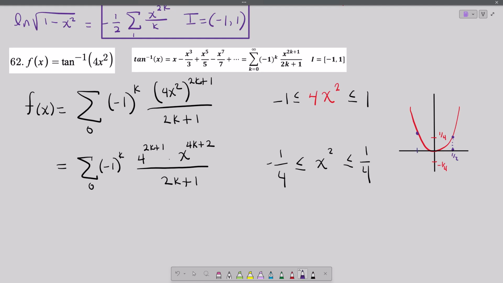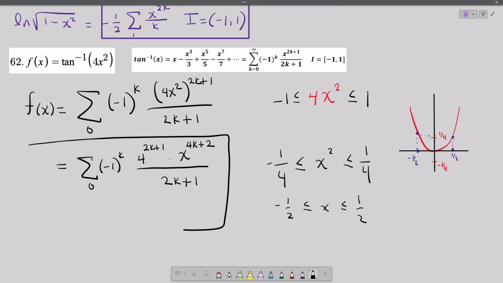So there is -1/2, and that's going to be over to 1/4. So here we're going to include the left and right endpoint, whereas before we weren't in the last one. So -1/2 to 1/2. That will be our new IOC.